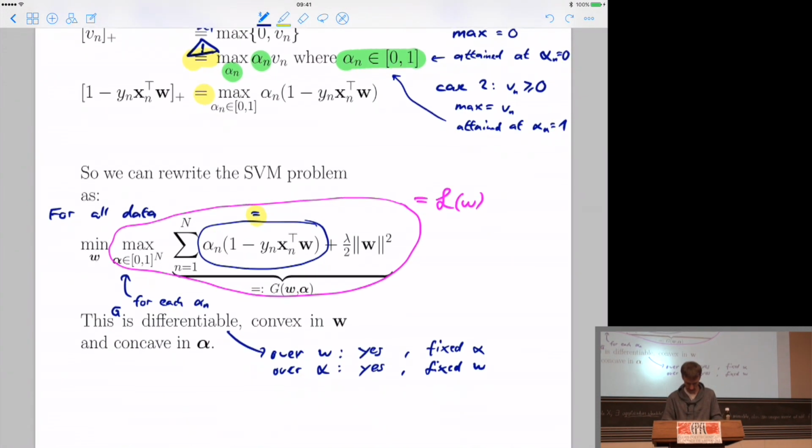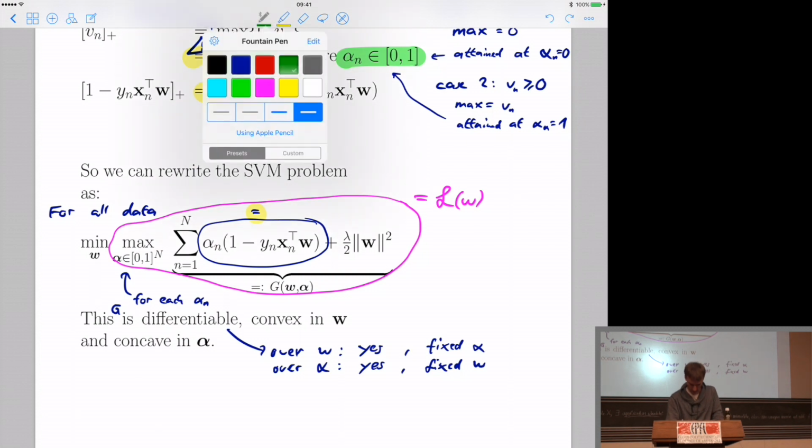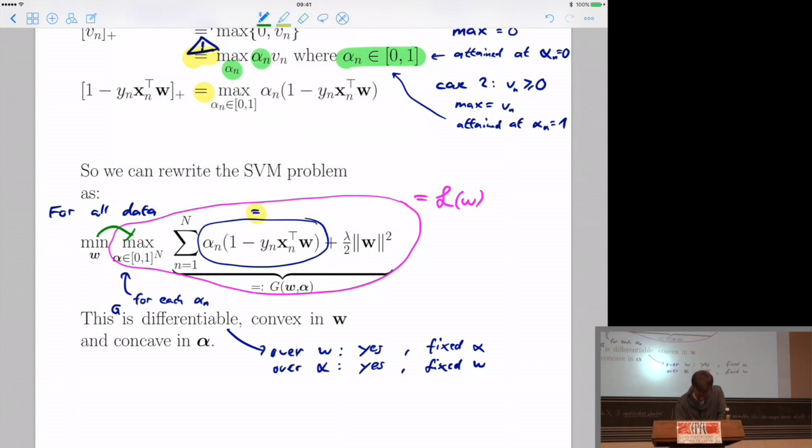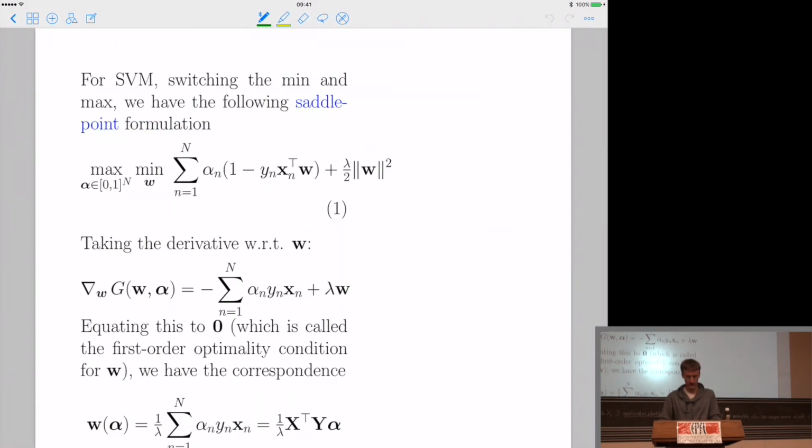That's what we had, and now we're going to change the order of these two guys, right? Okay, let's try to do this. So here is really the same formula as we had before, but that's what we have done, right? We have switched the min and the max. So this is what we got then.